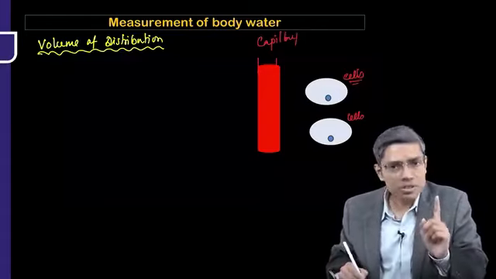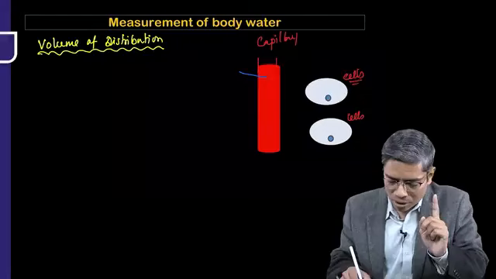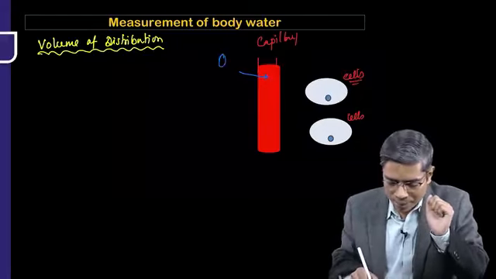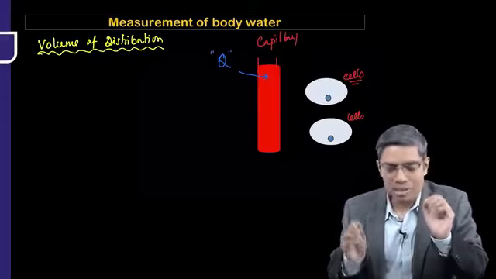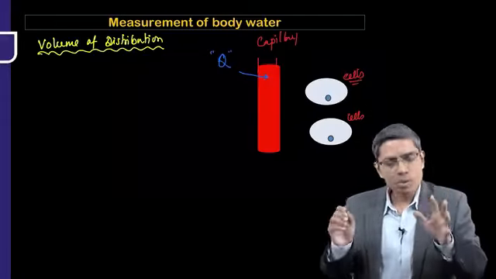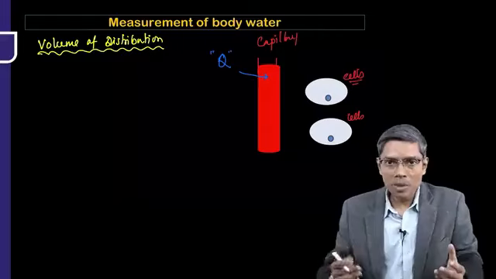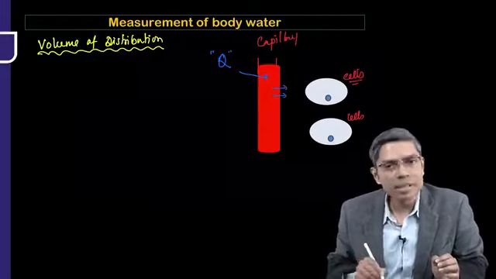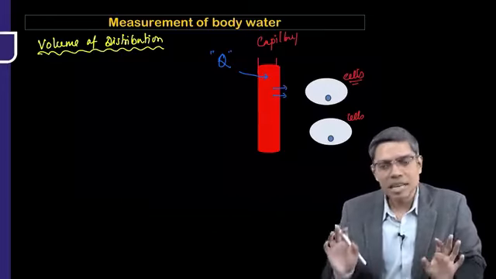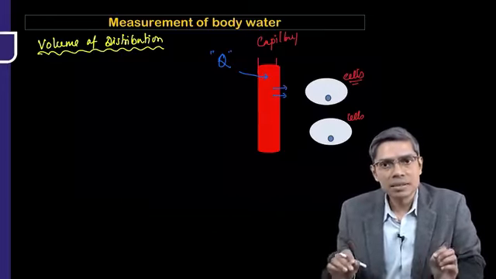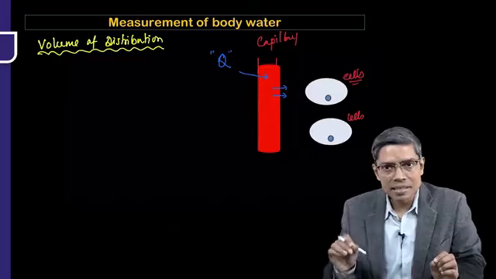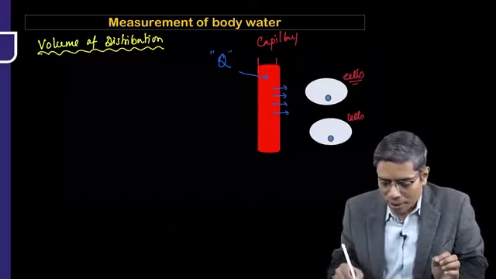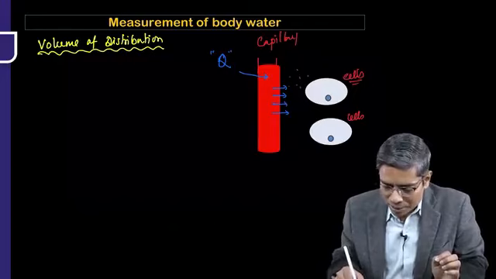In the volume of distribution principle, first of all, you have to inject one substance into your venous blood. Suppose I have injected Q milligram of substance. Then what will happen? Depending on the property of this substance, it may penetrate through the capillary blood or may not. But suppose I am assuming that the substance is easily penetrable through the capillary. So it will penetrate through the capillary wall and reach the interstitial fluid.